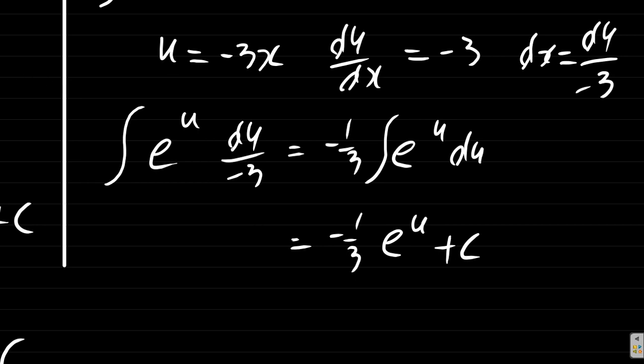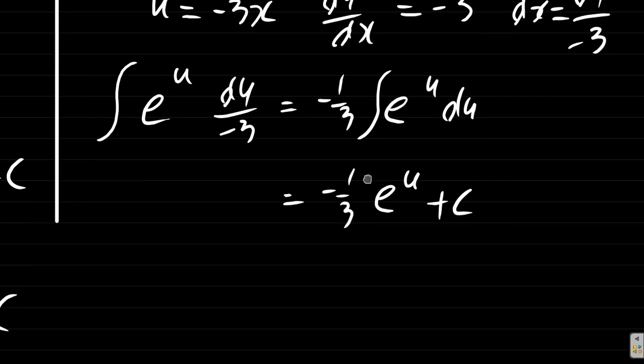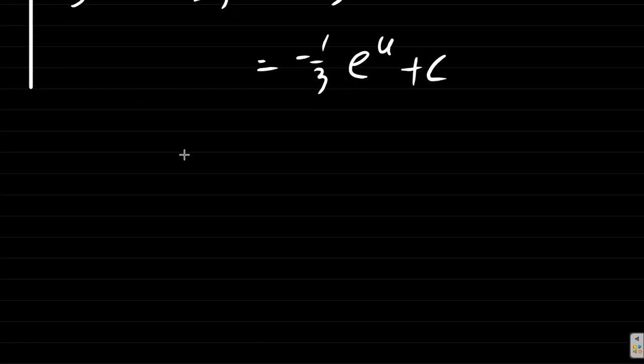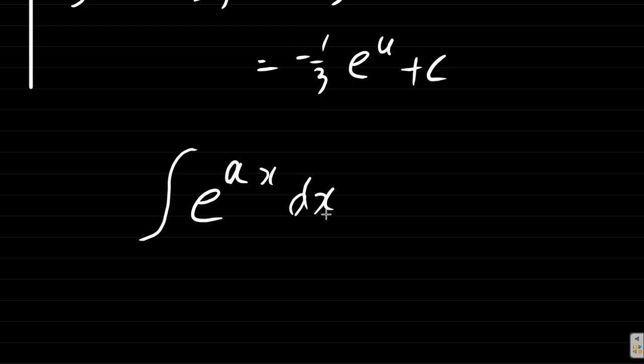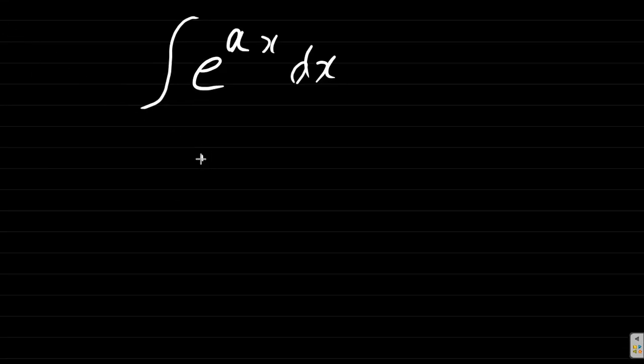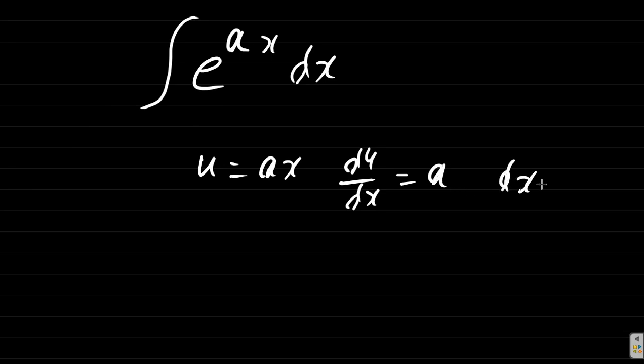Now remember, generally, if you have the integral of e to the ax dx, a would be a constant. If you make a substitution, u is equal to ax, then du by dx would be a. So dx would be equal to du over a. Alright?